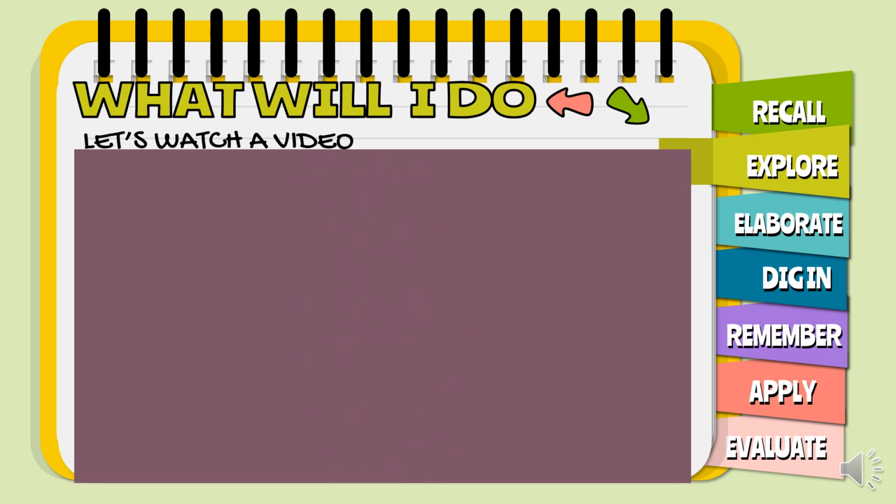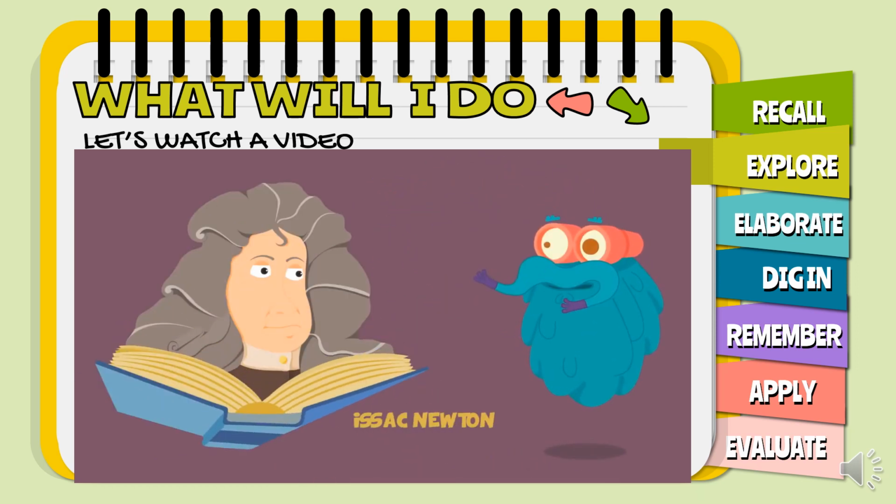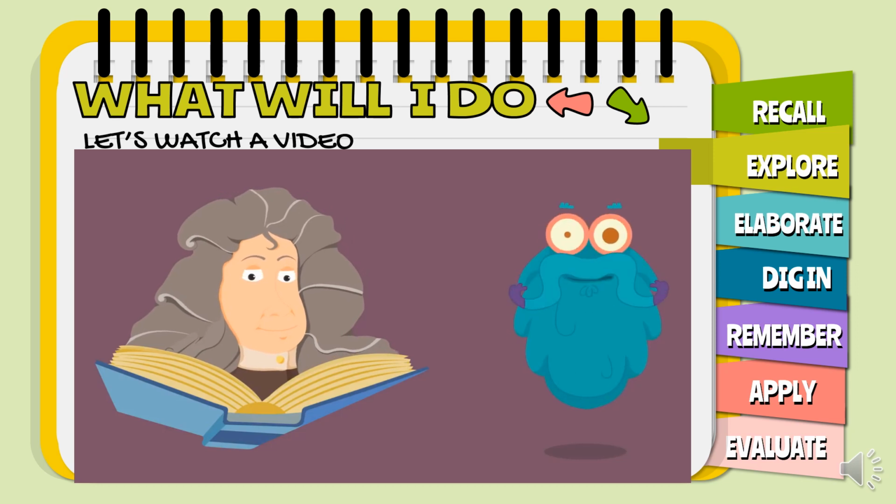Hey friends! Have you ever wondered what keeps us floating off into space? Why am I going down after every jump? Well, this is called gravity, an invisible force that pulls you back to the earth. Sir Isaac Newton, a well-known scientist, discovered gravity about 300 years ago.